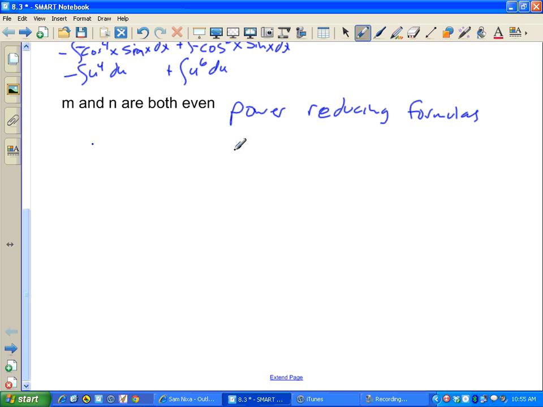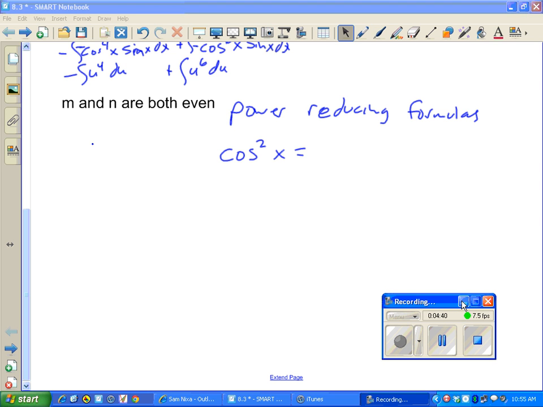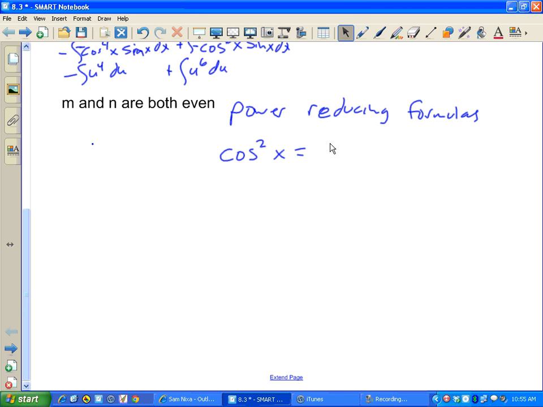These are cosine squared x equals 1 plus cosine 2x over 2, and sine squared x is 1 minus cosine 2x over 2. So we would turn these into this, and we might have to use repeated uses of these until we get down to something that we can integrate.